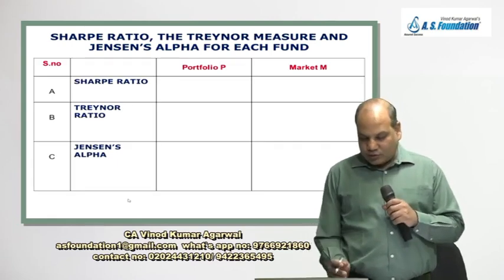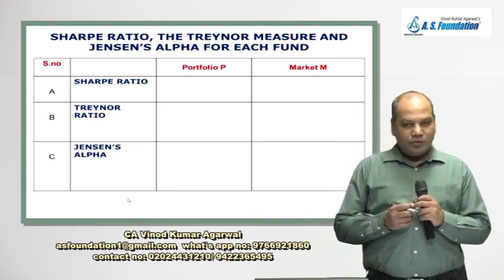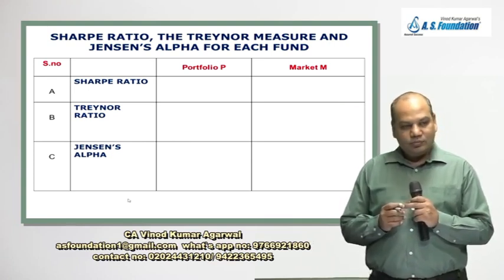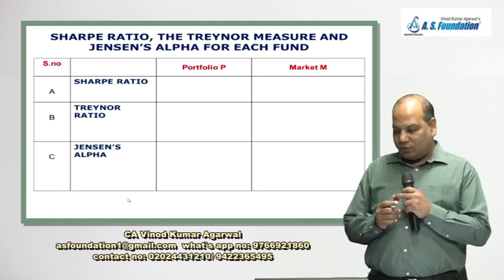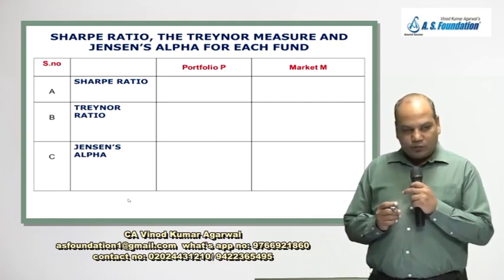So first you draw this table. Calculation of Sharpe ratio, Treynor ratio and Jensen's alpha for each fund.